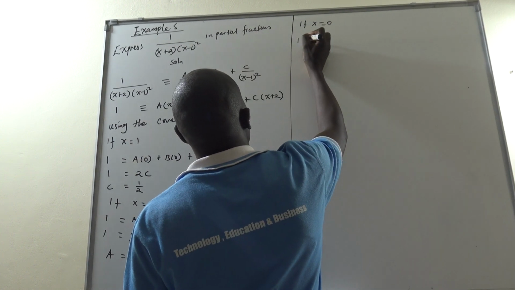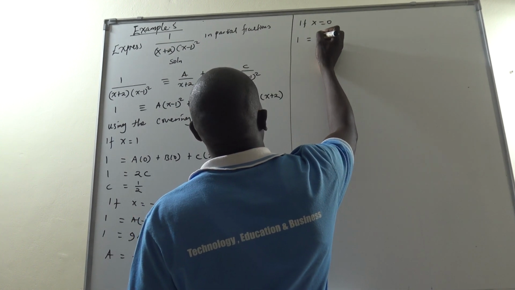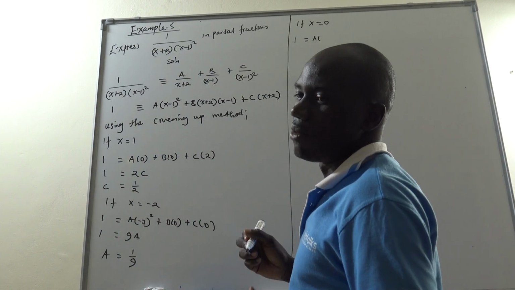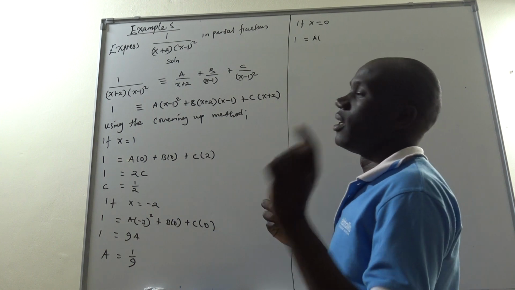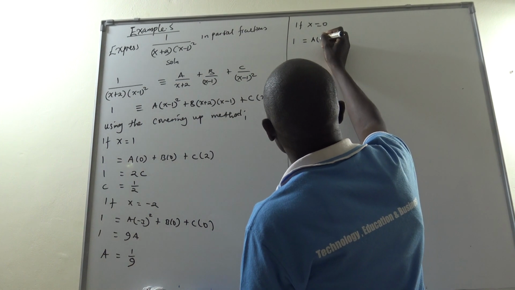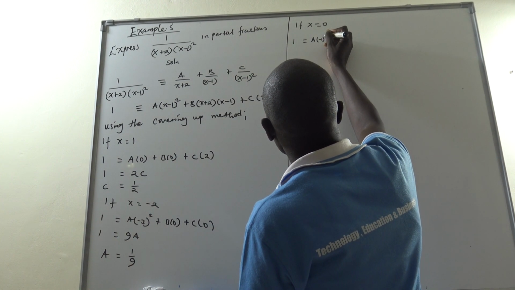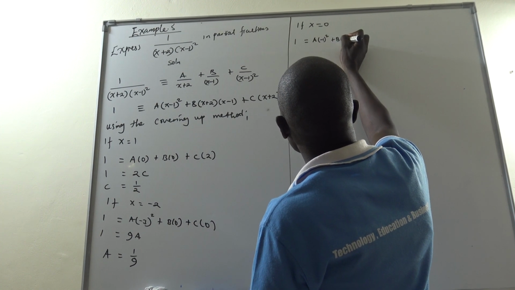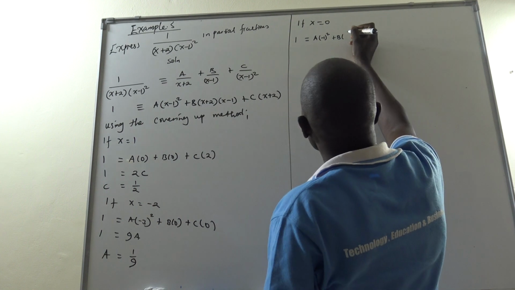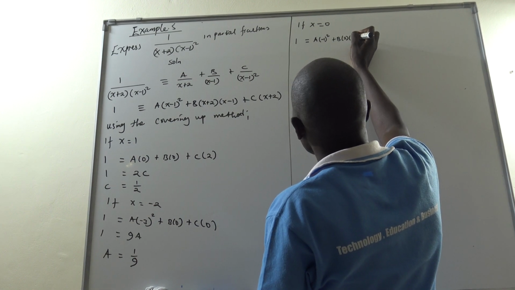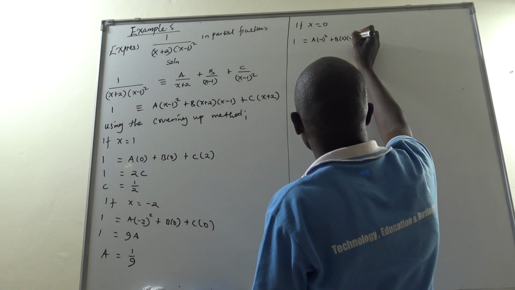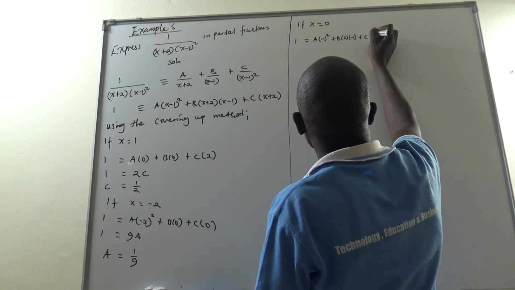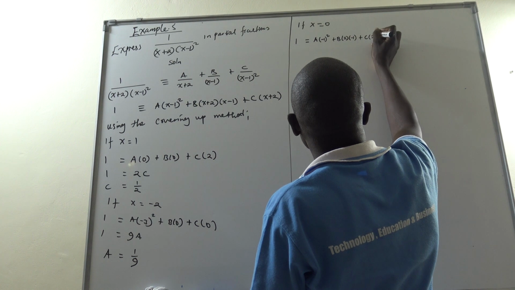We're getting 1 equals A into (0 minus 1), we are getting -1 squared, plus B into (0 plus 2)(0 minus 1), which is -2, plus C into (0 plus 2), we are getting 2.